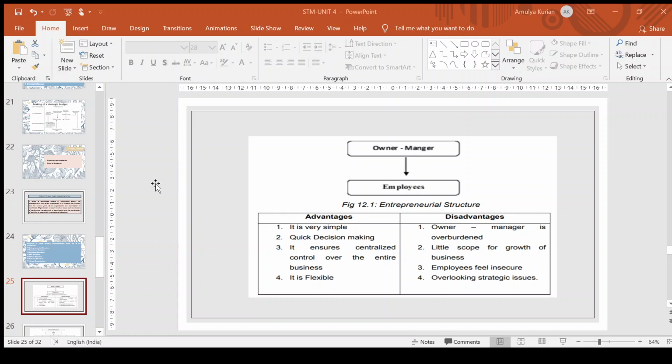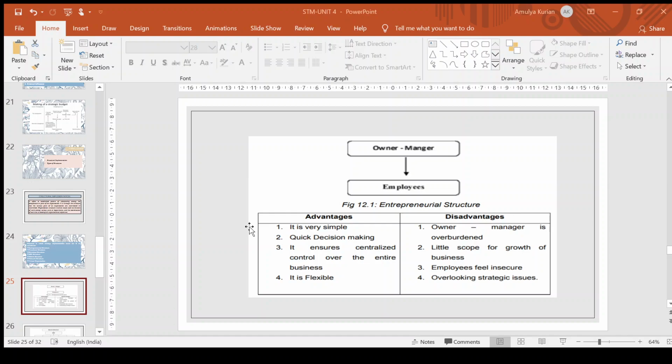So there are advantages, like it is very simple, and quick decision making, because there is no need for any meetings to be done, or to consult with anyone. Since the decisions are made by the owner or the manager, quick decision making is possible.